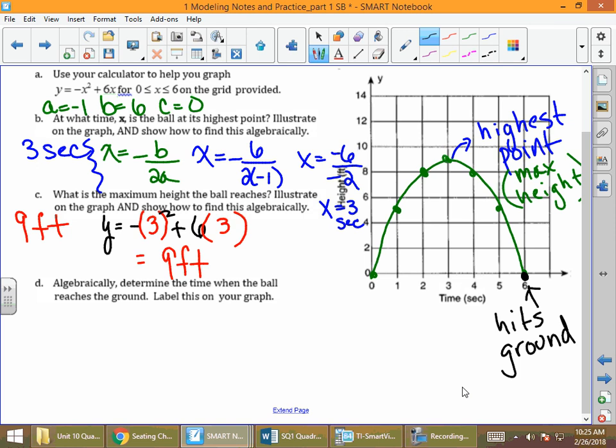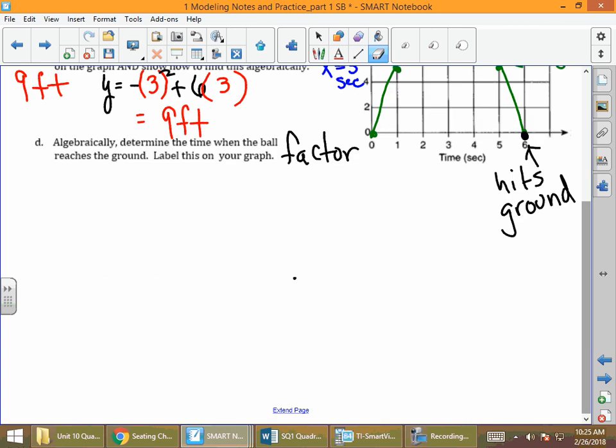It says algebraically determine that, and if you look back at the front page of your notes, when it says where does it hit the ground, we're going to have to factor. And our function here, once again, is y equals -x squared plus 6x.